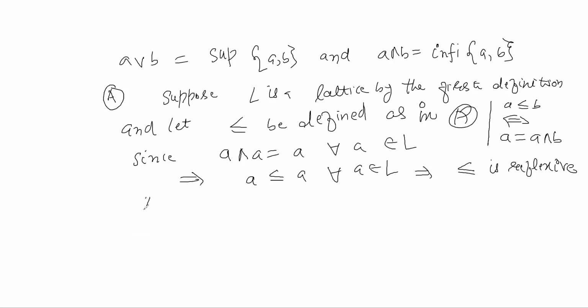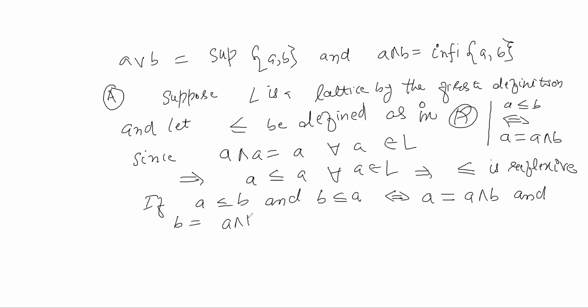Secondly, if a is less than or equal to b and b is less than or equal to a, it is if and only if a equals a meet b and b equals a meet b.